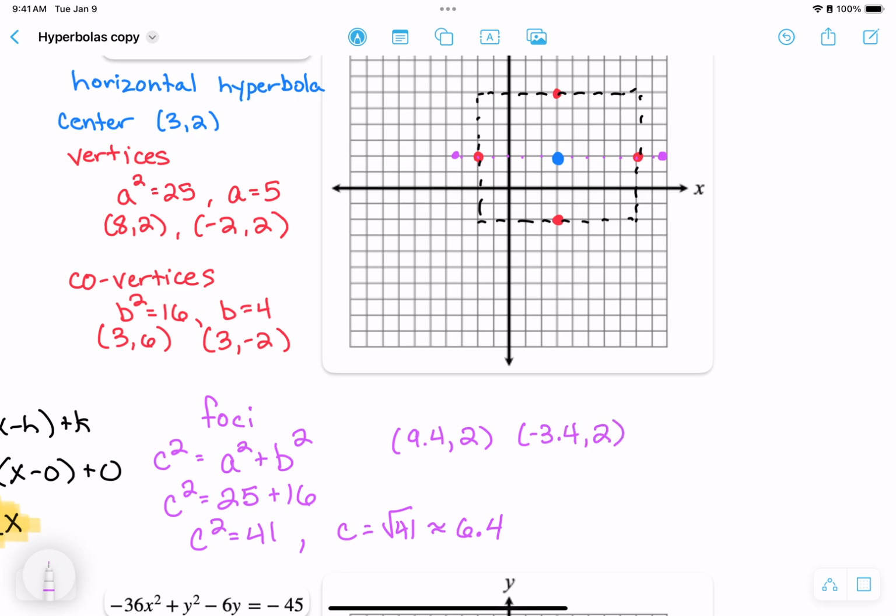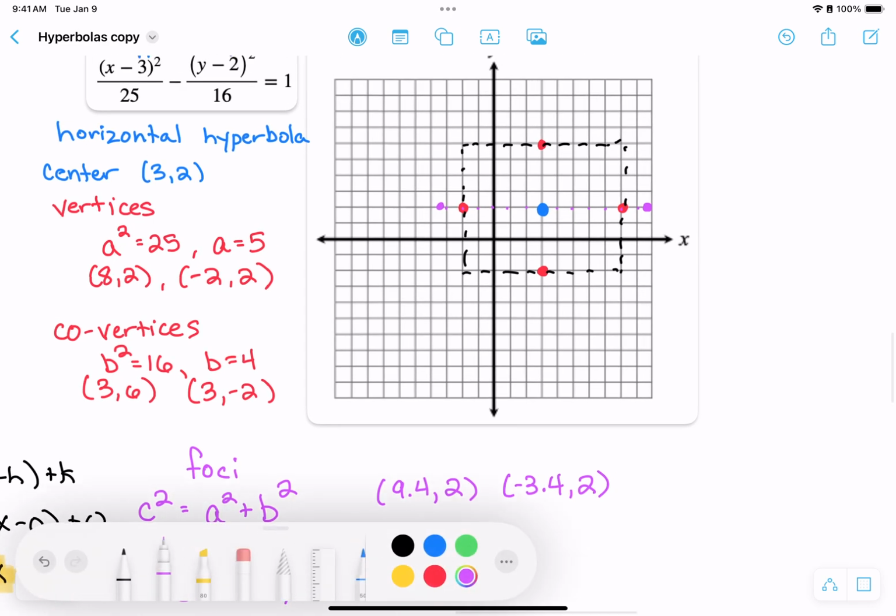There's our foci. Just like on an ellipse, the foci aren't necessarily part of the curves we're going to draw, but foci are how you get the hyperbola in the first place. Like I showed you with the ellipse, you connect basically a string between them, and that's how you draw the hyperbola.